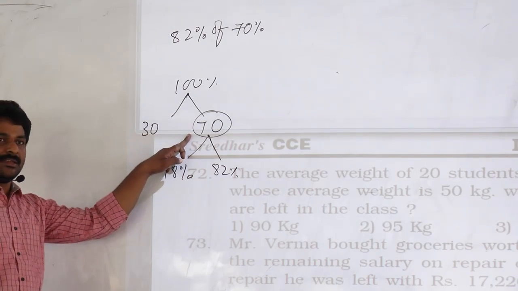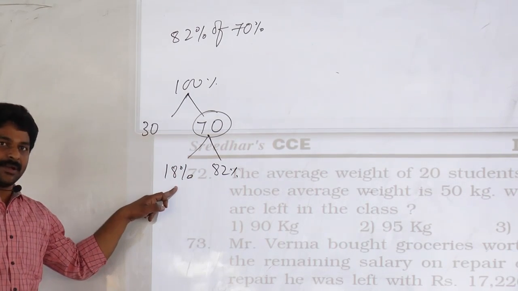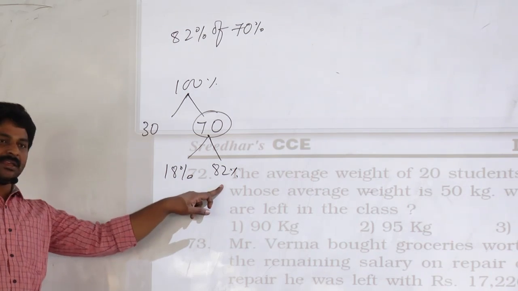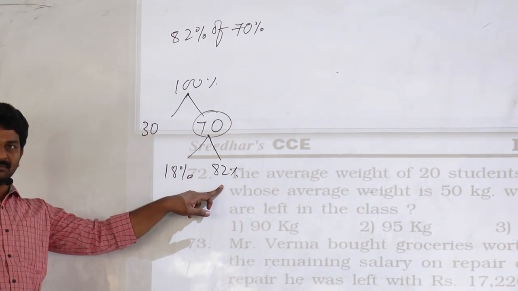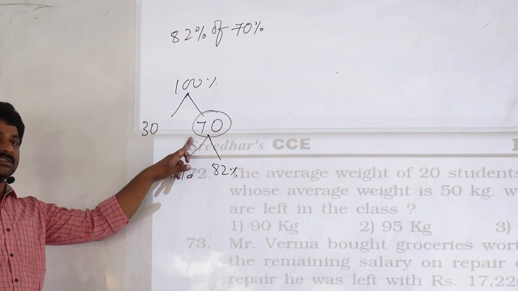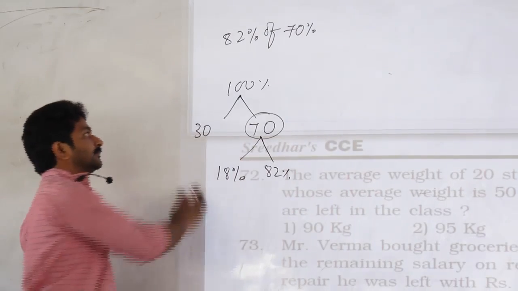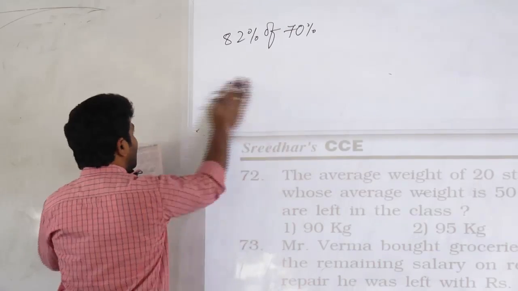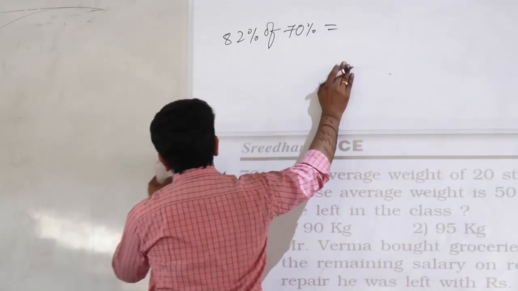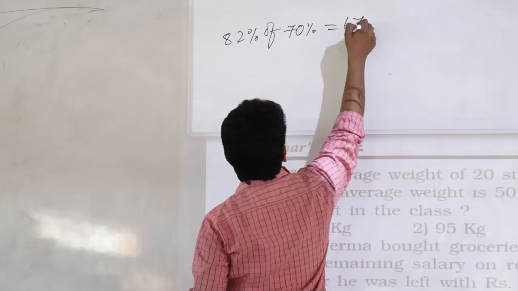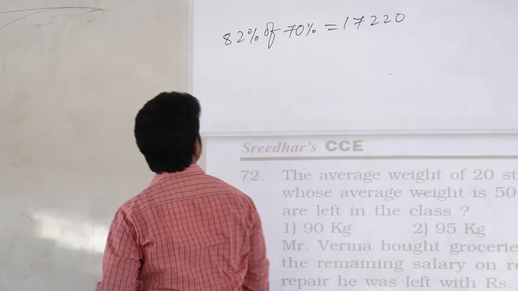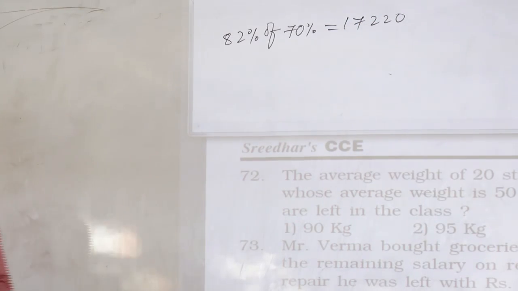On 70, if they spend 18%, remaining is 82%. 82% of what? 70. Correct? Now, which is equal to 17,220. Okay?